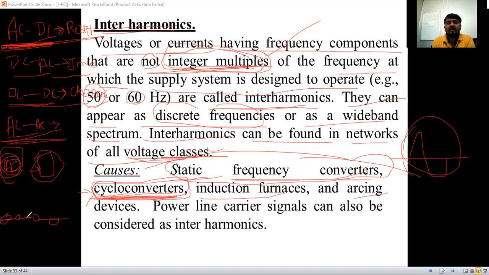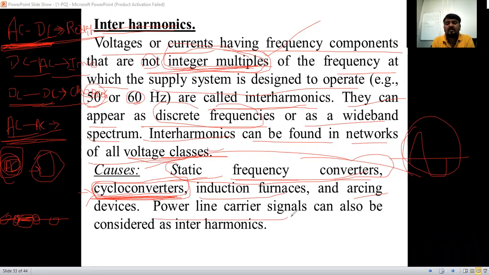We don't have the laboratory here, but many colleges have a high voltage laboratory. You can see the lightning sparking continuously, and it produces some hissing noise. Noise and spark go from one electrode to another electrode. That is what we call arcing or sparking devices.